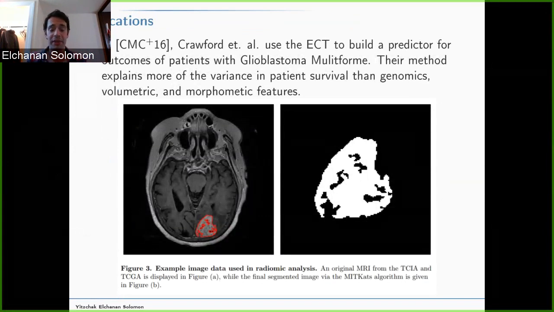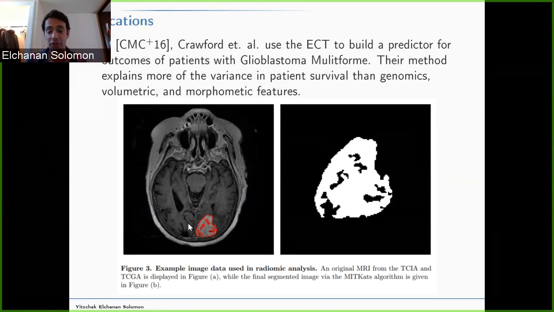There's also, I want to just briefly mention, an application by Crawford and a host of others. It's really interesting work in which they apply the Euler Characteristic Transform, or more particularly a smooth version of it, to build a predictor for patient outcomes with a particular kind of brain tumor, which ends up outperforming certain other predictors based on genomics or other shape descriptors.